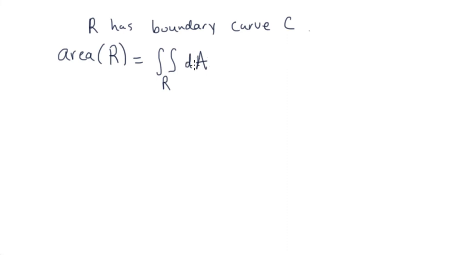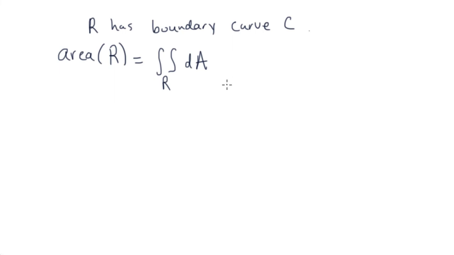I just add up all the area elements, and that'll give me the area of R. But maybe that's difficult. Sometimes double integrals are a little bit tricky, particularly when they're hard to describe. We'll see examples for ellipses or other regions bounded by parameterized curves where it's really hard to compute the double integral directly.